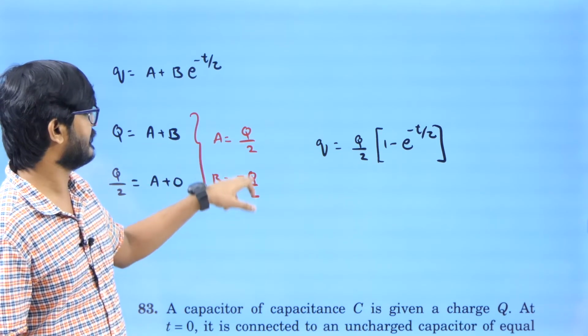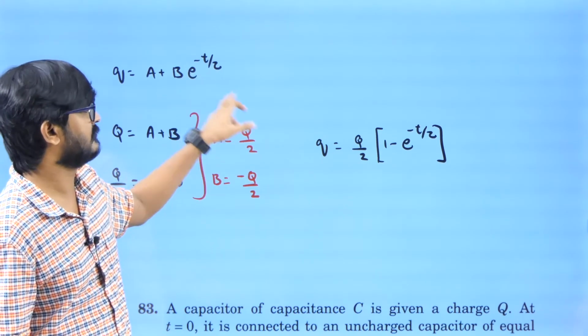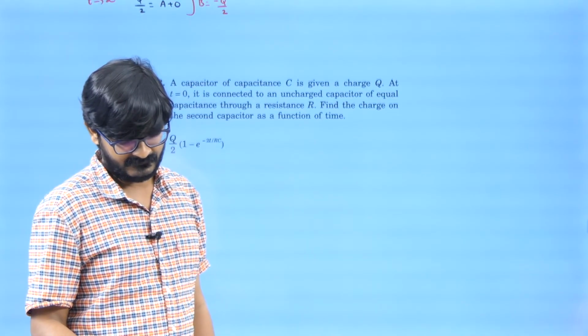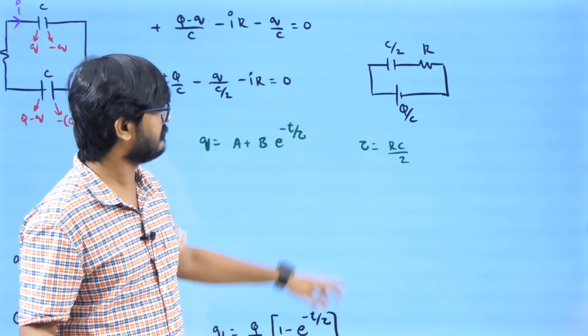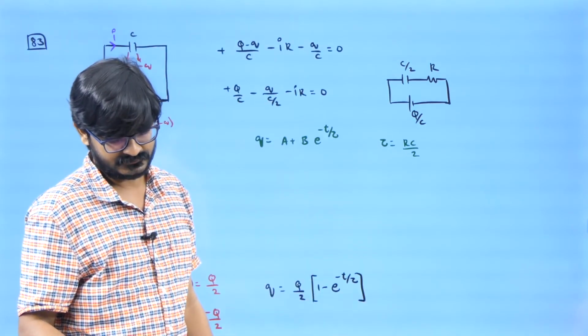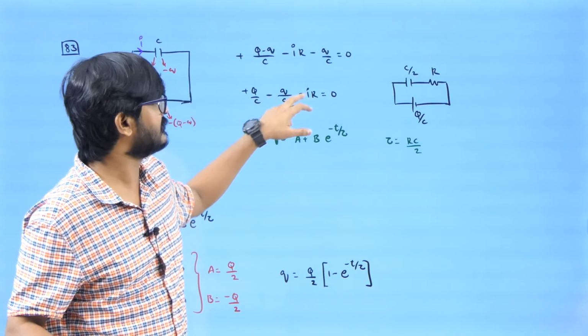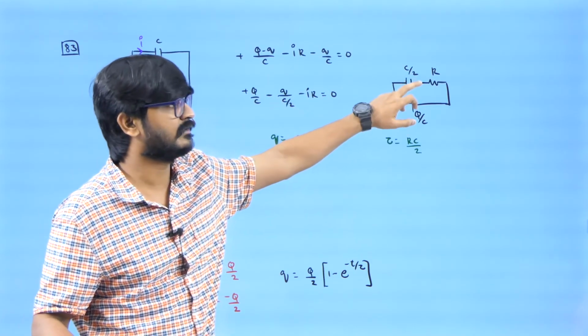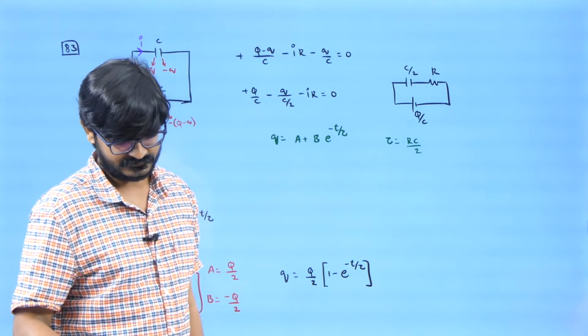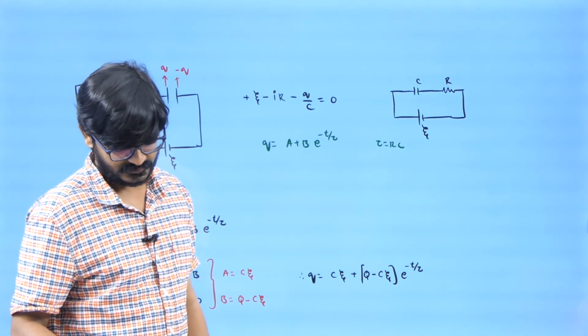When I solve it, I will be getting A equal to this much, B equal to this much. When I substitute it back, I will be getting charge as a function of time. Now, what is the time constant here? It is RC by 2. It is not RC, right? So I am writing the equation, looking at the equation as some particular well-known figure because I can use this as solution of the figure. I am going to do it one more time.